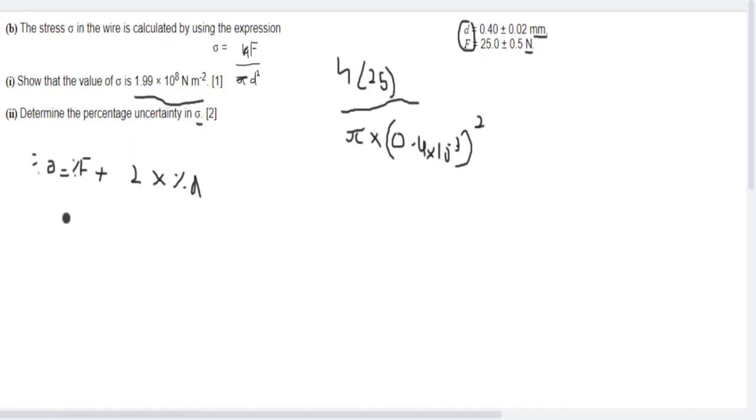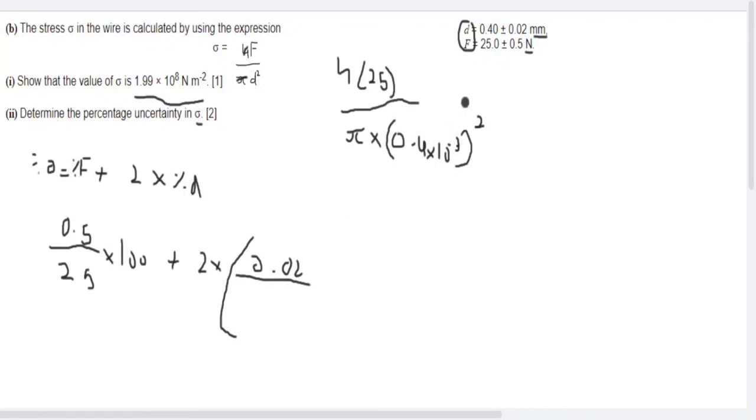So percentage F would equal 0.5, the error in F, over the value which F has, which is 25, times 100, plus 2 times the percentage uncertainty in d, which will equal 0.02 over the value that d has, which is 0.4.